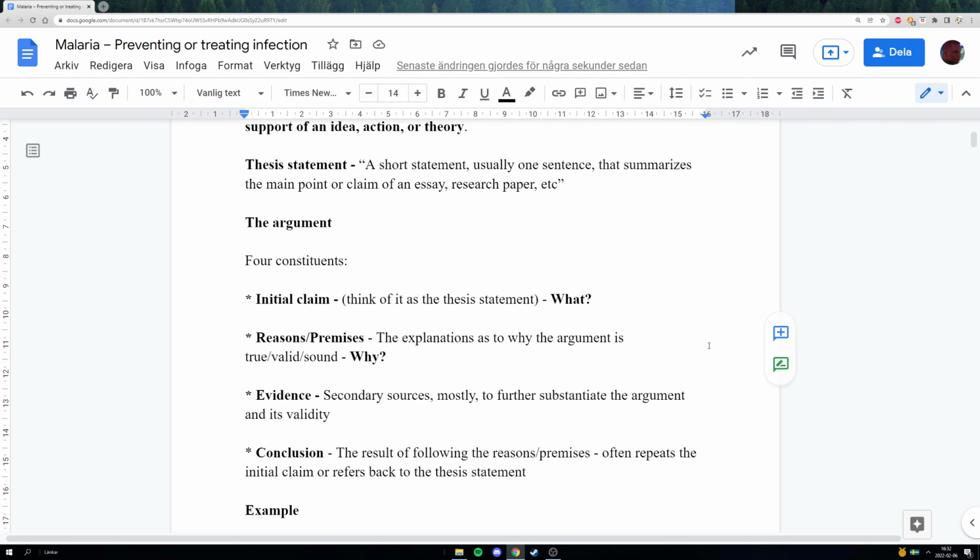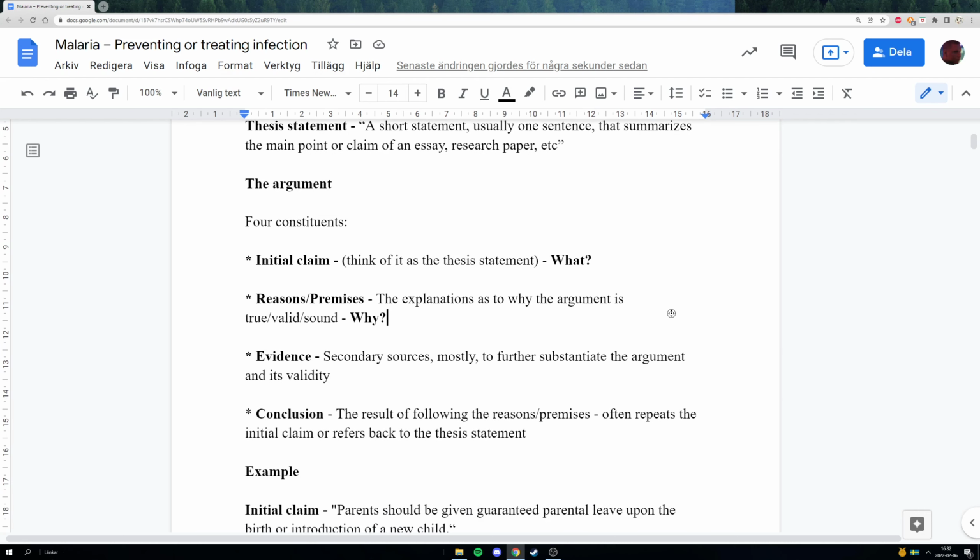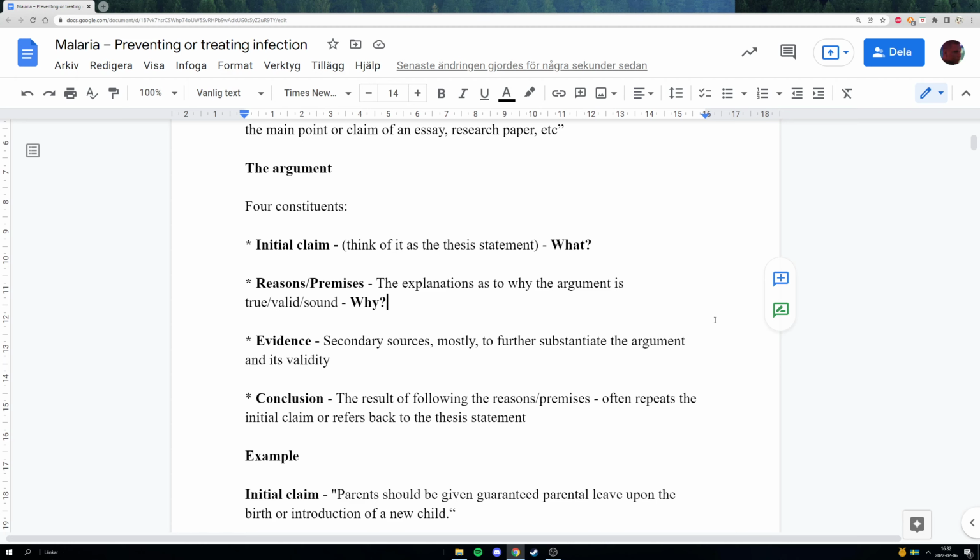So to give you another example of an argument that is a tad more fleshed out before we get into the full text. Let's say that the initial claim is that parents should be given guaranteed parental leave upon the birth or introduction of a new child. That's our first initial claim. So that answers the question, what is it that we're actually thinking or arguing for?